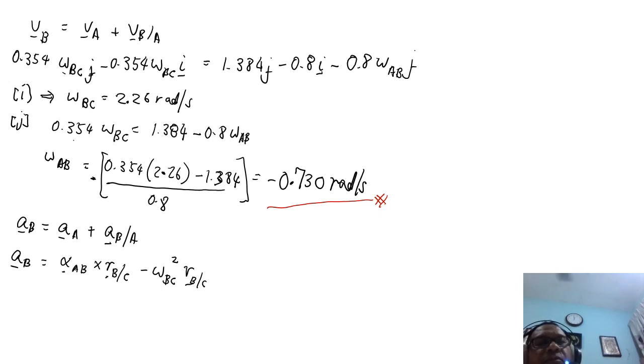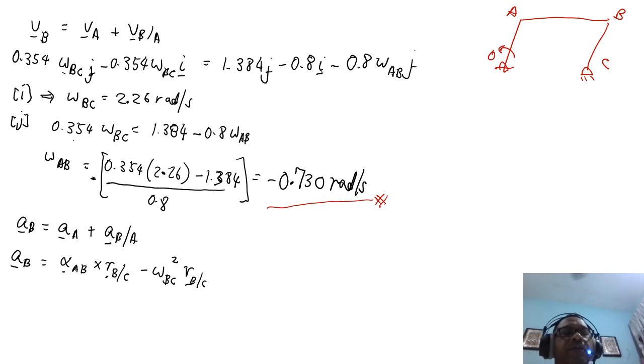Maybe it will be helpful for me to just sketch where the things are. So it looks like this. So O, A, B, C. So rotating that way. We have all the numbers before us. So we don't know what alpha is.